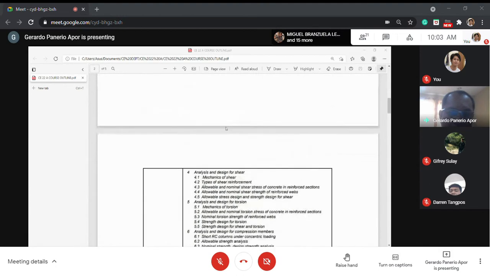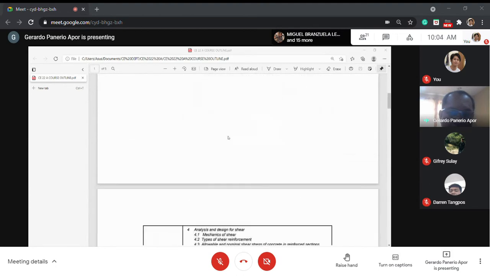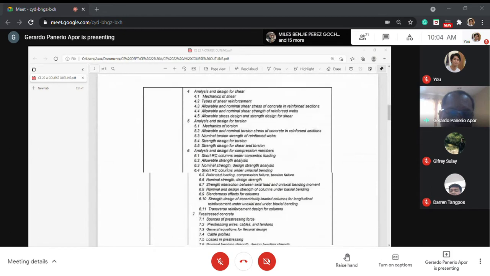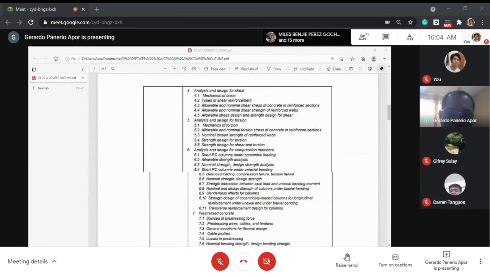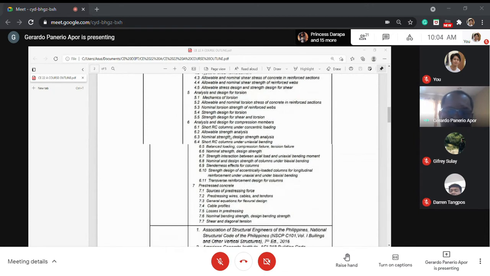Because a beam is subject to bending moment, shear, and torsion. But when it comes to compression, this is somewhat appropriate for columns because columns are compression members, subjected to compressive force.